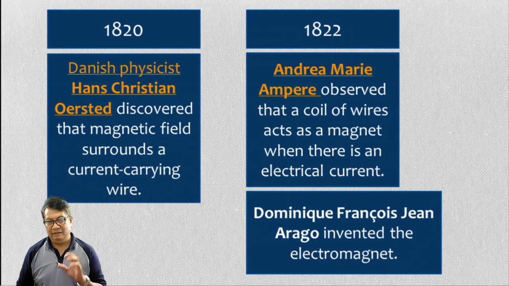Okay, so it is different from a normal magnet, because that normal magnet may be from a stone, and you cannot vary the strength of that magnet or the amount of magnetic field.